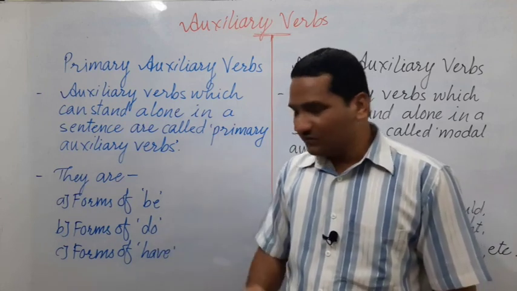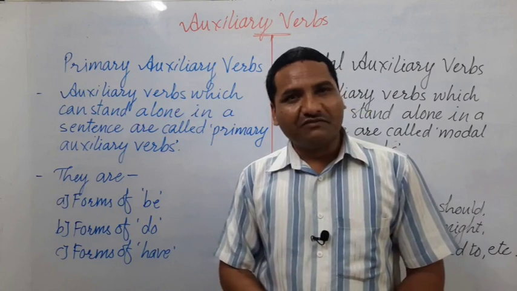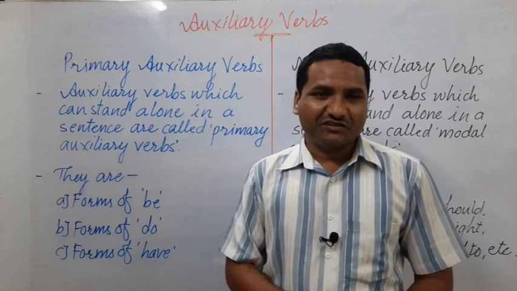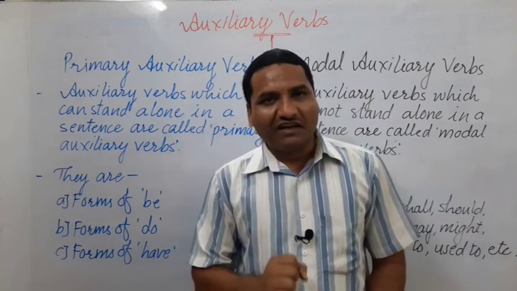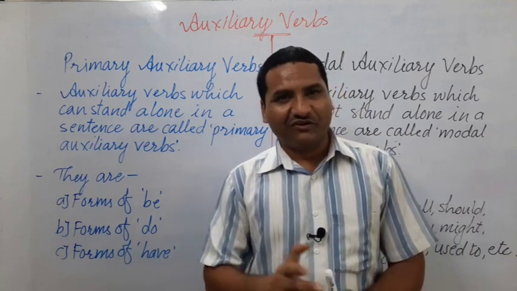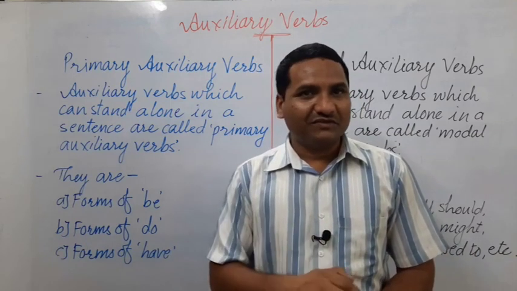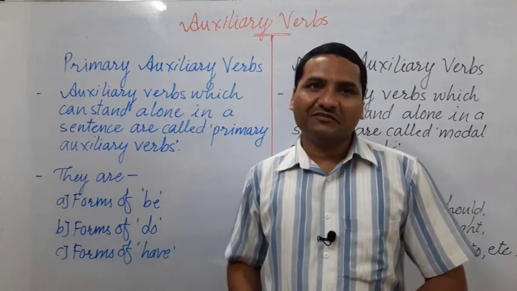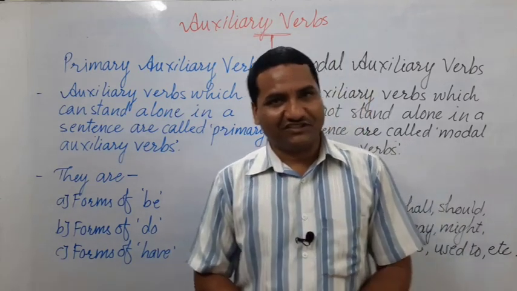Second example of do. They do their work themselves. Here, do is a primary auxiliary verb. Third, forms of have. For example, they have many friends. So have stands here as a verb and it stands alone. So it is a primary auxiliary verb that can stand alone in a sentence.